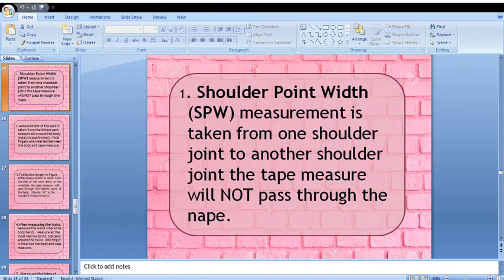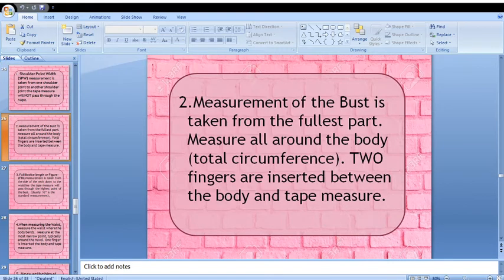The tape measure will not pass through the nape. Is this true or false? Alright, so next, number 2. Measurement of the bust is taken from the fullest part. Measure all around the body.